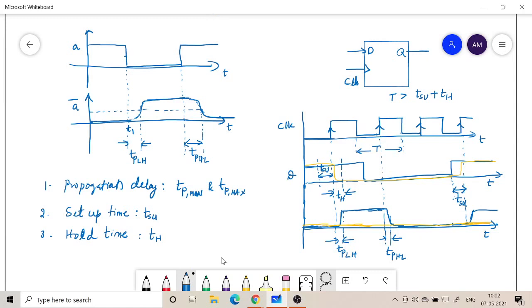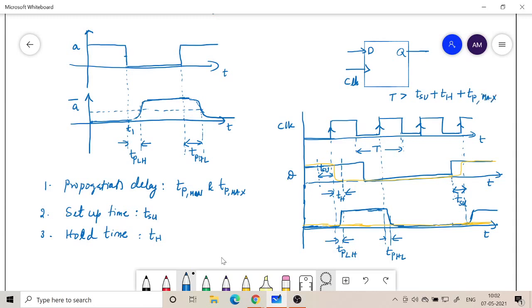After obtaining this output after a delay, we need to keep it for a setup time and also keep it for a hold time. So considering that, we need to add the maximum. Sometimes it is smaller than the other, so we need to look at the maximum value.